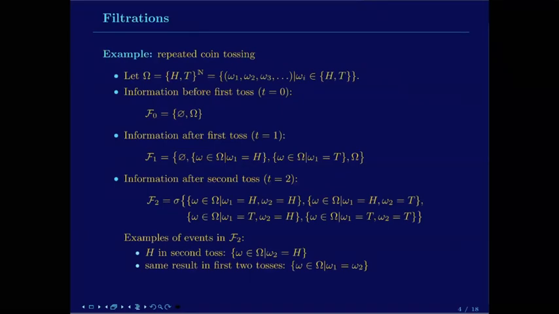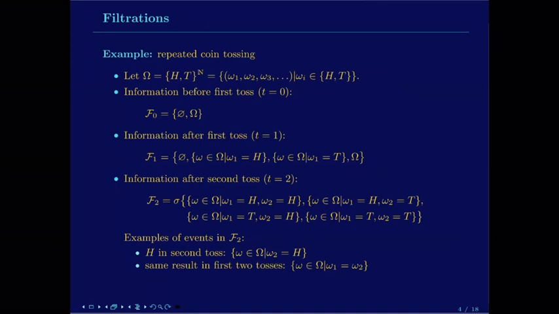As a very simple example, look at repeated coin tossing. So our sample space consists of an infinite sequence of heads and tails. So we have an infinite sequence, omega 1, omega 2, etc., where each omega takes either head or tail as a value. Then before we observe any toss, we have no information.